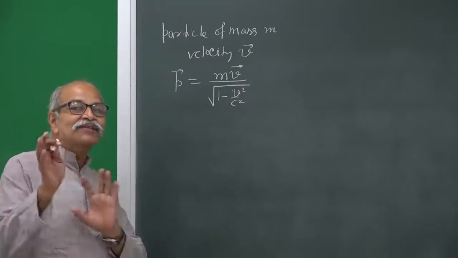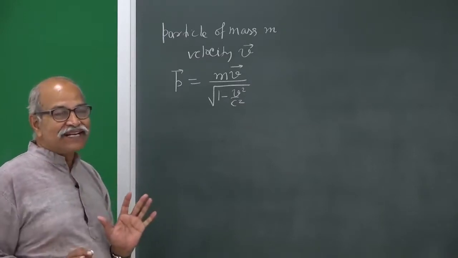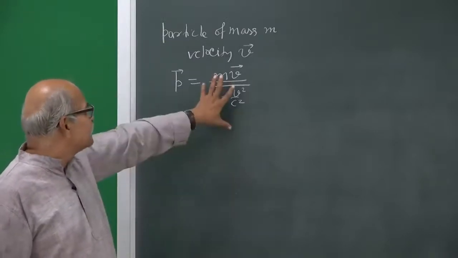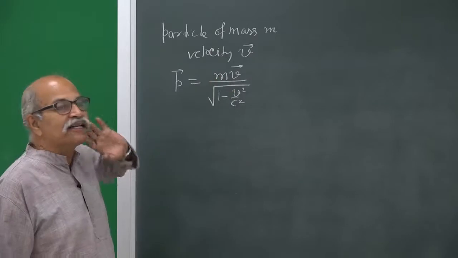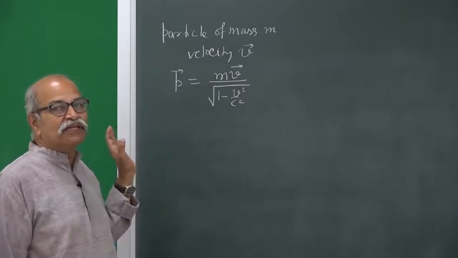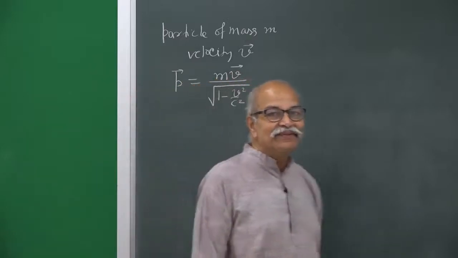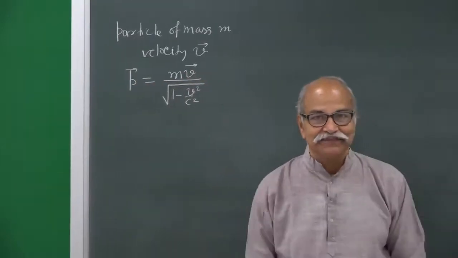So, there are three ways of doing that. One is that you accept that momentum is not defined as mass into velocity. Momentum is defined as mass times velocity divided by this factor. So, this is one way.